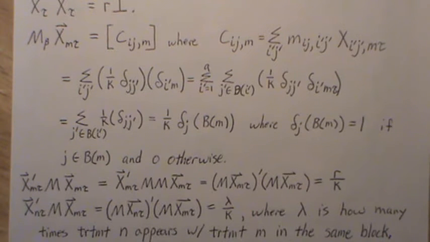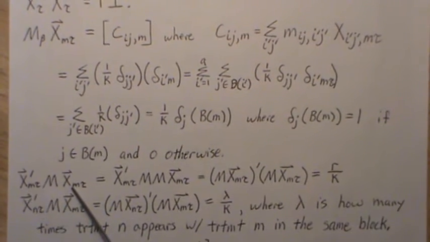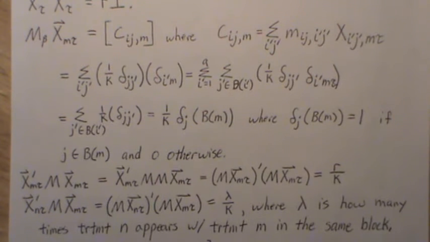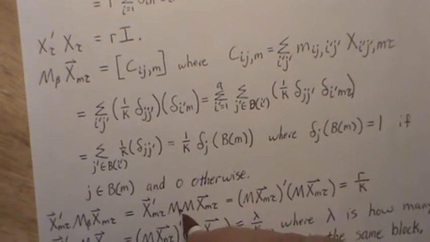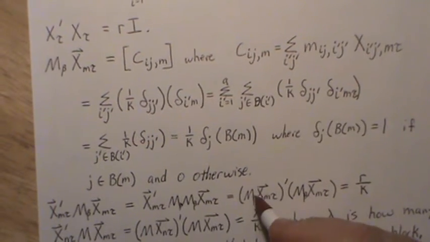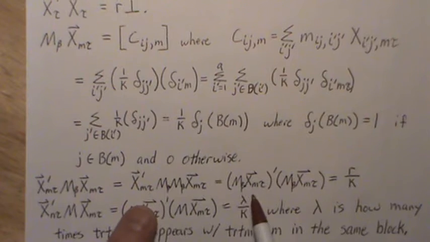Now I'm just going to list some properties. I'm going to let you prove them on your own. So if we take a column, the same column, times m, and really that should be m beta. So let's put an m beta here. So then this we can create a vector.